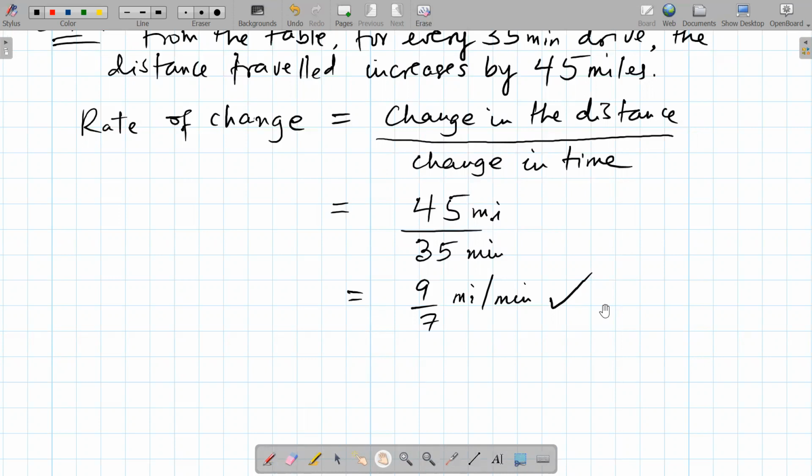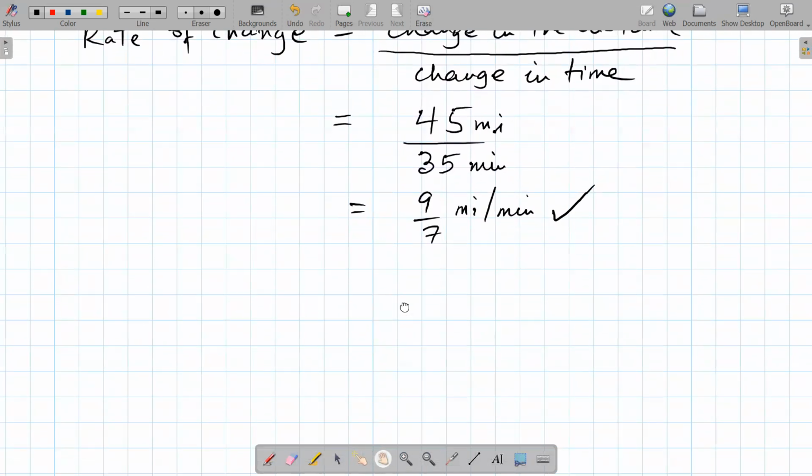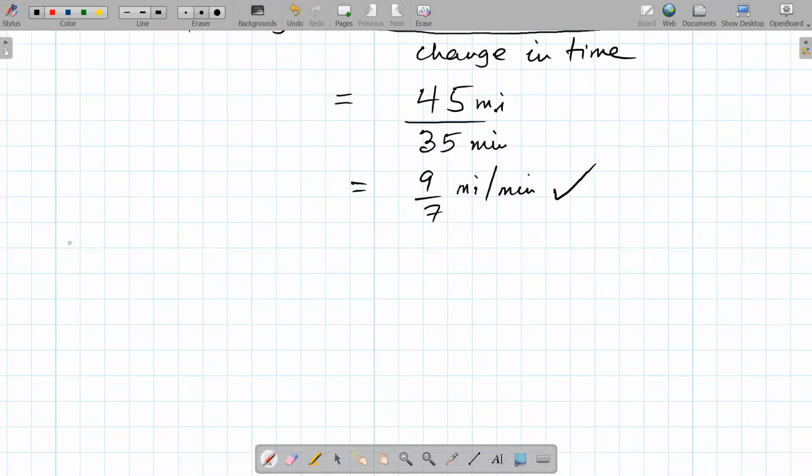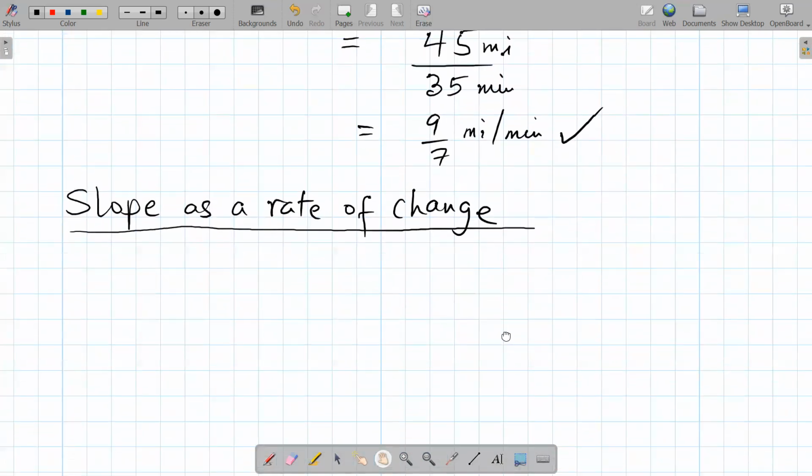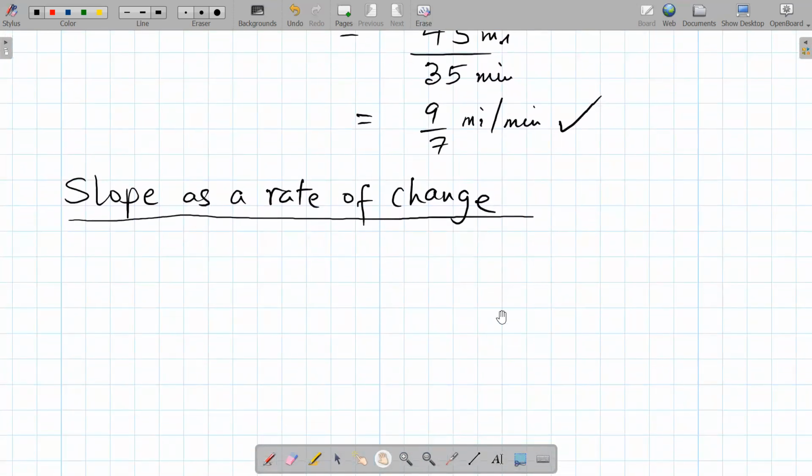Now let's look at the slope as a rate of change.